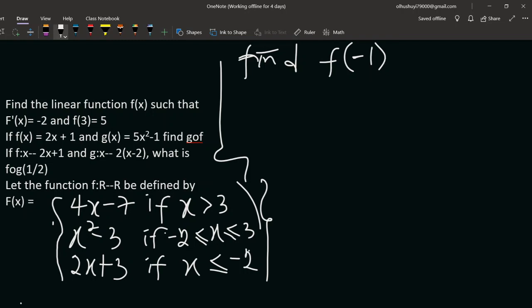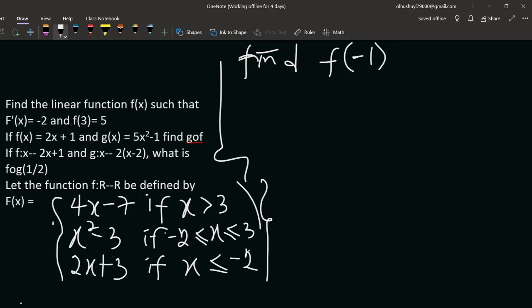Minus 1 is greater than minus 2, so minus 2 is less than or equal to x and x is less than or equal to 3. This is what satisfies the condition for this function.